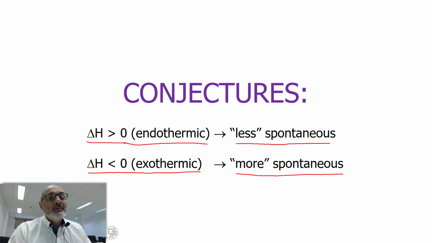So in this case, more spontaneous. So what we know already is that if a process releases heat, this variable that we're trying to construct must reflect this conjecture, that the process becomes more spontaneous. And in the opposite sense, if it's endothermic, the variable that we are constructing must reflect the fact that it is probably less spontaneous.